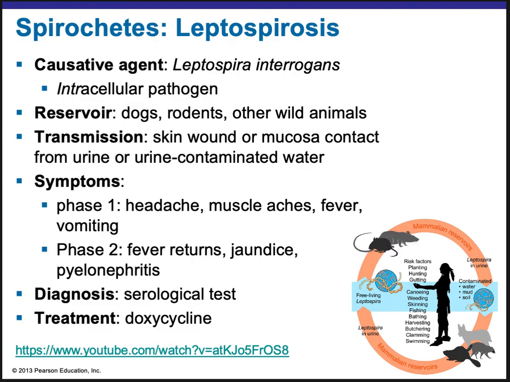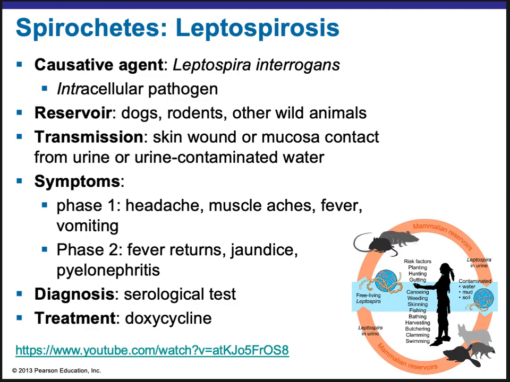Now you also will have symptoms of jaundice, which is yellowing of the skin and eyes, because now you have inflammation of the liver. And then you will also have symptoms of a kidney infection because it has spread to the kidneys and caused pyelonephritis.